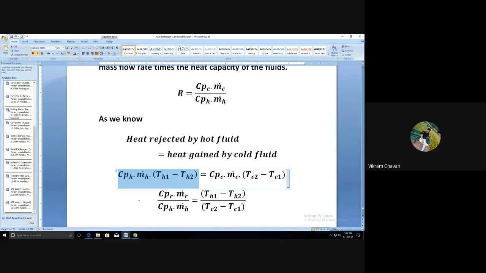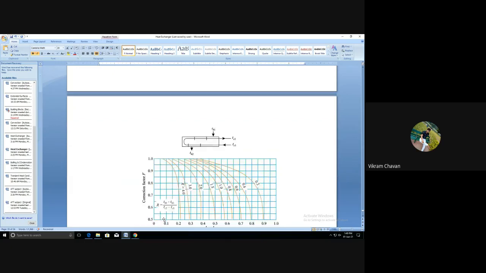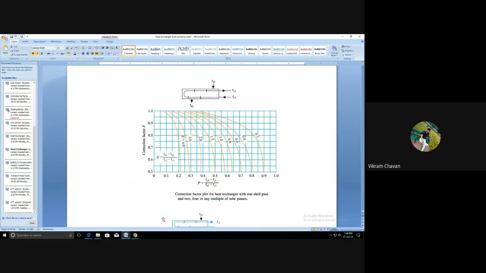And if you take Cpc multiplied by m dot C divided by Cph multiplied by m dot H on one side, then you will get R is equal to Th1 minus Th2 divided by Tc2 minus Tc1. So draw one diagram for the understanding purpose, the correction factor diagram.